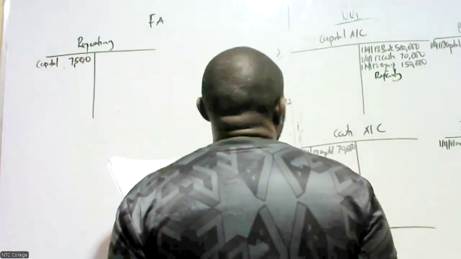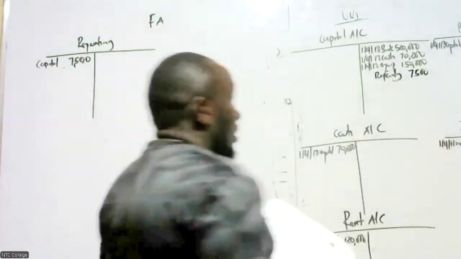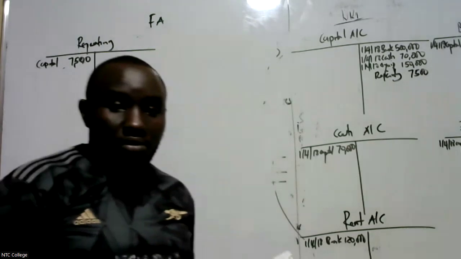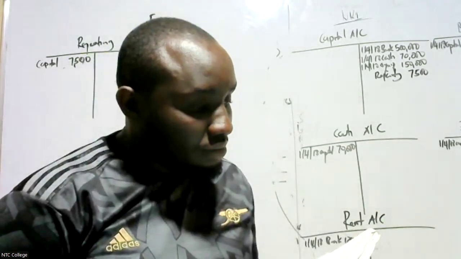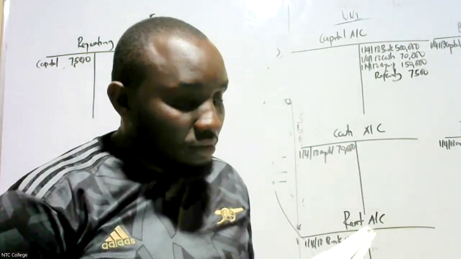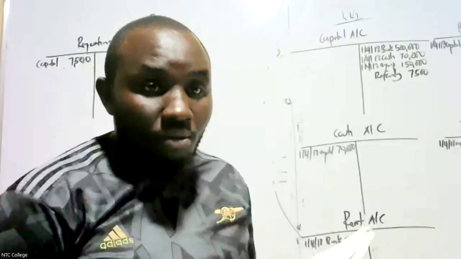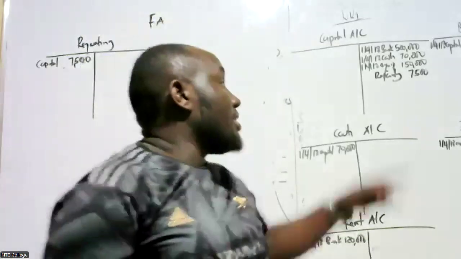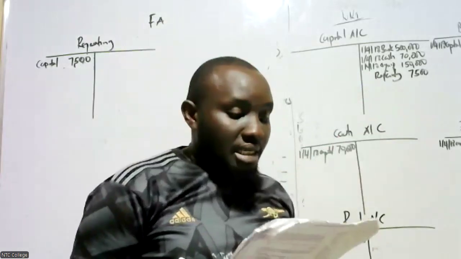That's 7,500. Together. Is that understood? Are we together? The 7,500 was basically from his own pocket. That's why we put it as capital.